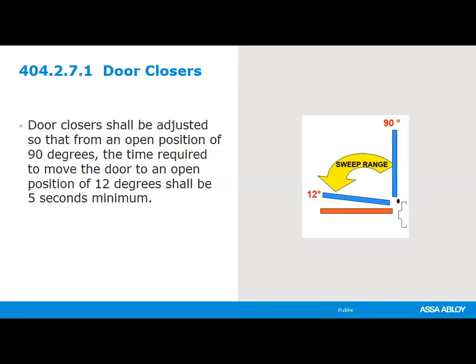Delayed action closers are not required, but they are recommended on interior accessible openings to give someone extra time to move through the opening with less fighting with the door once it's open.